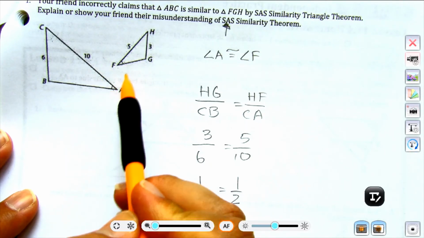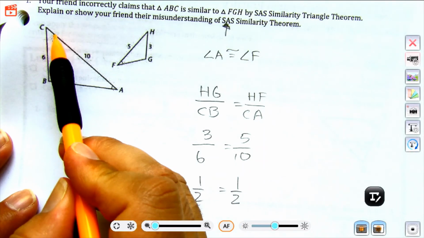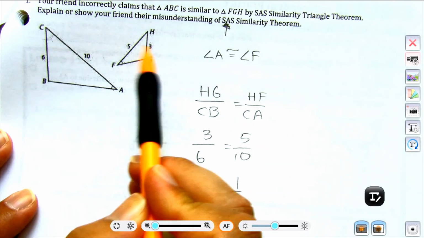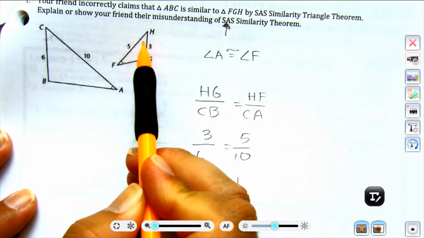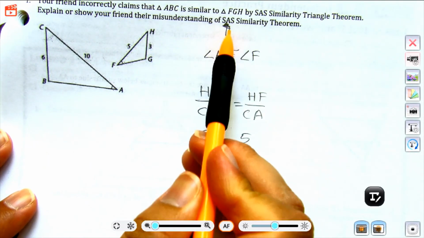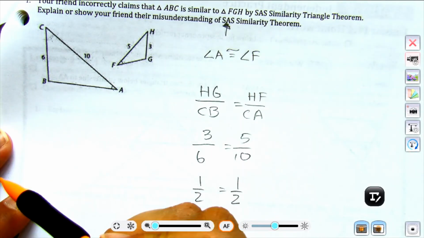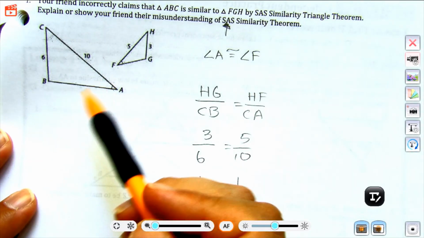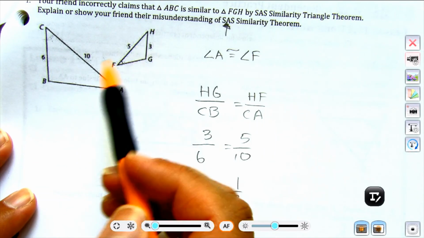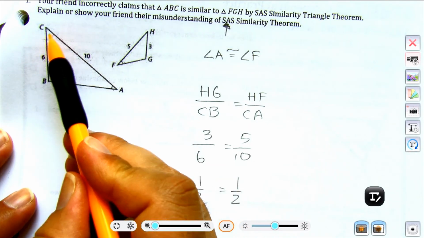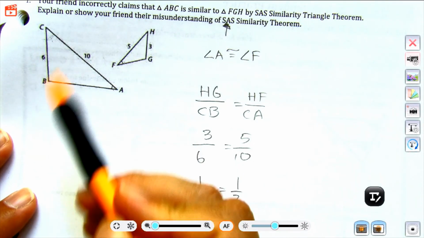What we needed was this angle. If we knew angle C and angle H were congruent, then we could use side, angle, side. So to answer this question, we cannot use side, angle, side in this problem because we needed to know that angle C and angle H were congruent.